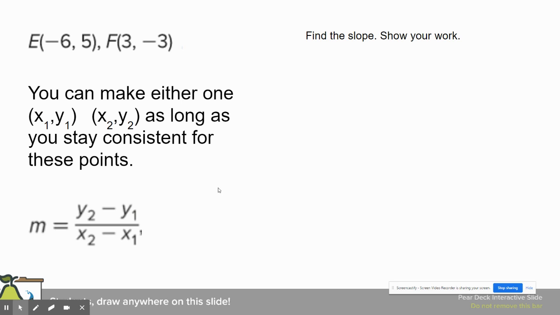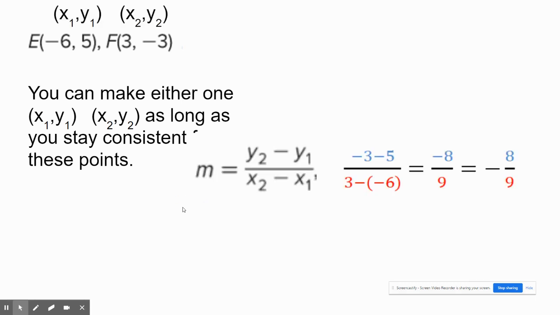You find the slope of these points. The slope of the line these 2 points sit on. Go. And again, I just make it easy. x1, y1, x2, y2. I take y2, negative 3, minus y1, which is 5.